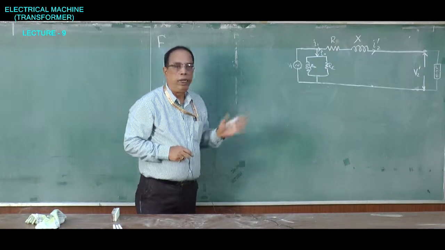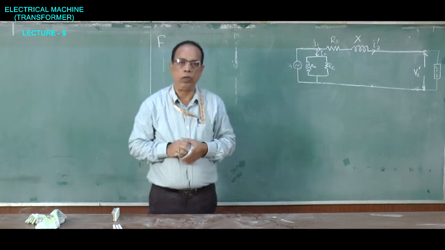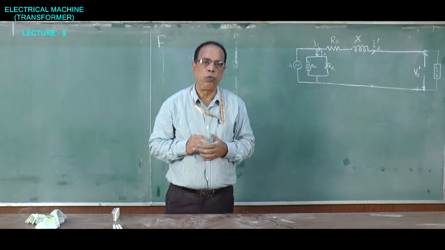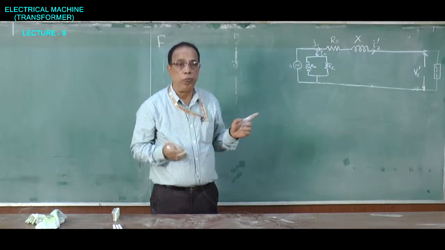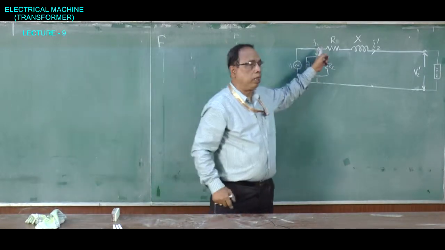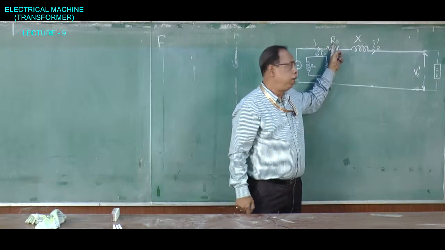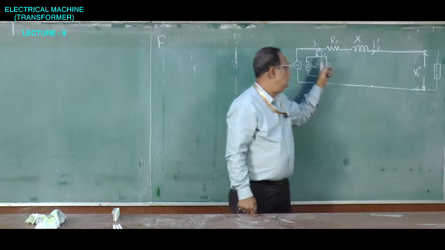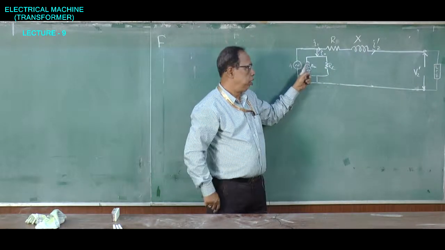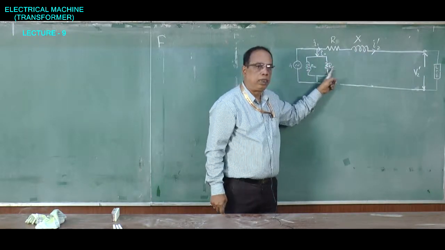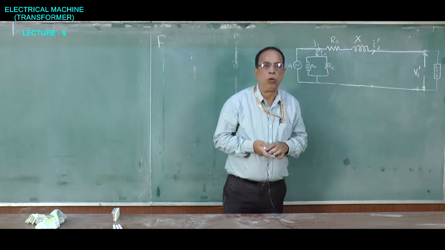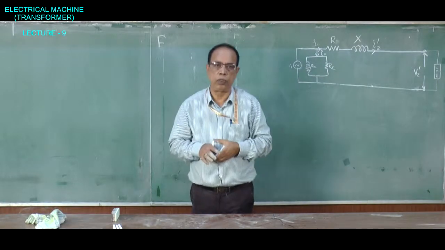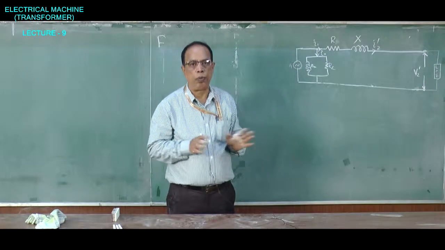So, in the next lecture, we will find out how to measure the series resistance, that is R, the series leakage reactance, that is X, and then the shunt reactance and shunt resistance, so that we can represent a transformer by these four parameters.